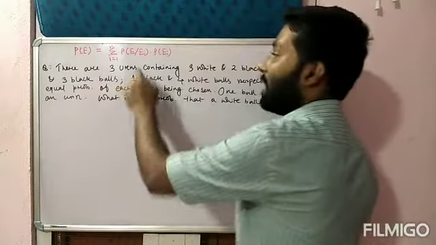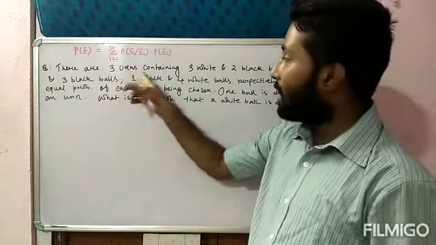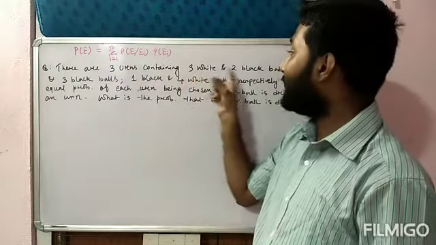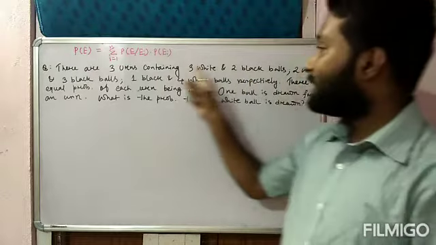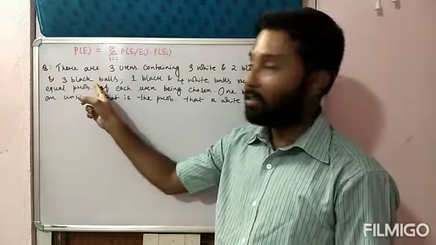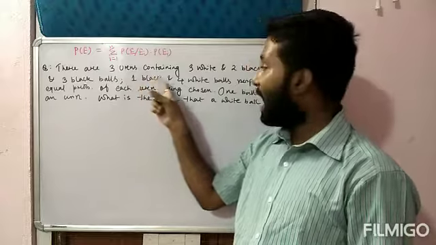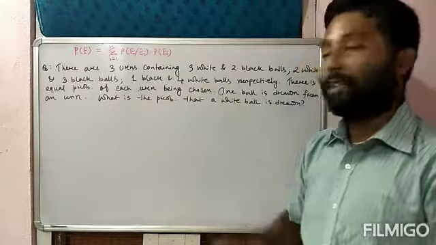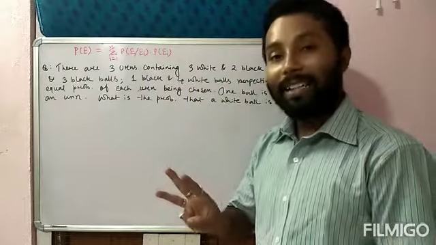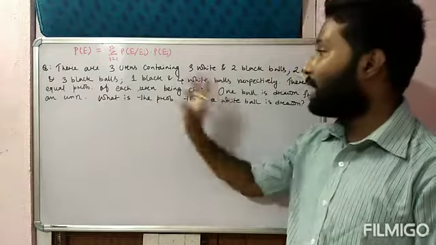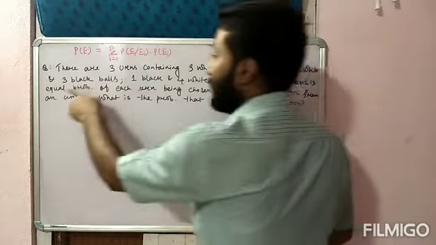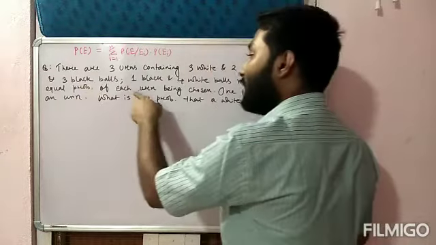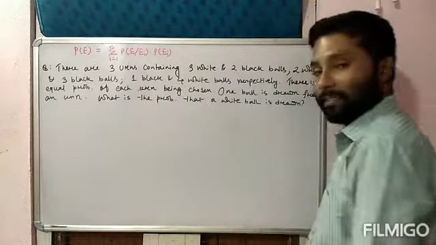There are three urns containing 3 white and 2 black balls, 2 white and 3 black balls, 1 black and 4 white balls respectively. 3 अर्न है जिसमें बॉल्स कितना है वो दिया गया है. ओके, there is equal probability of each urn being chosen.